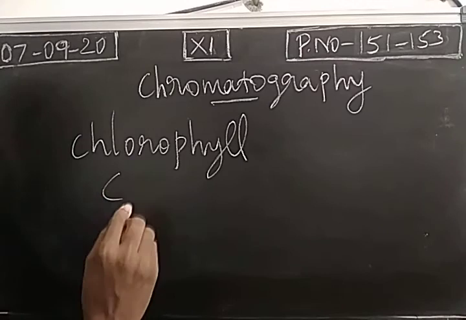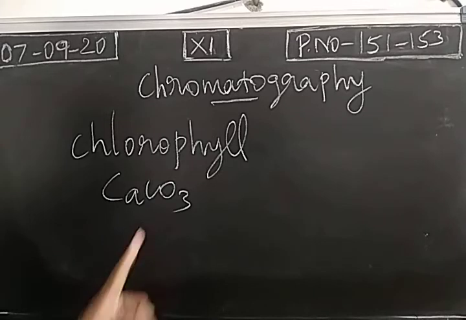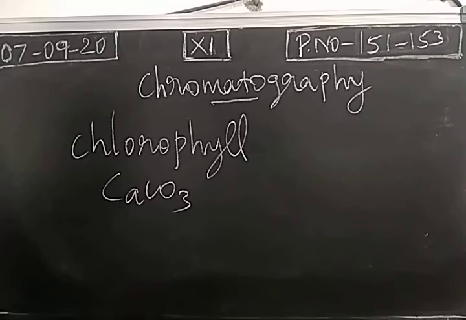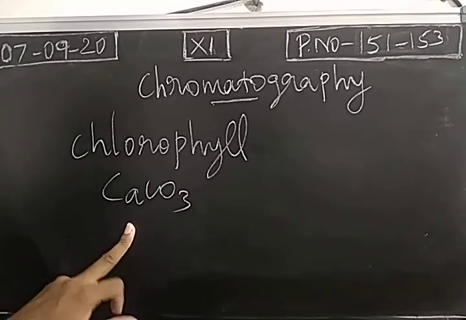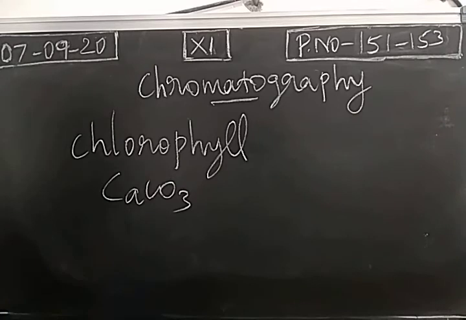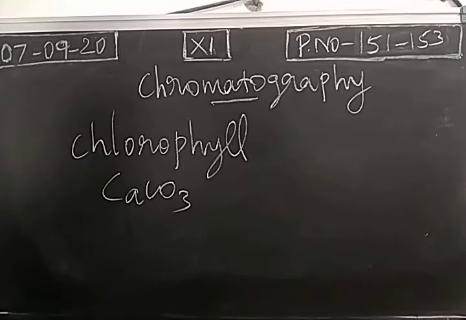When this solution is passed through a substance called calcium carbonate, which acts as the adsorbent, taken in a glass tube, he obtained different bands or zones. So the colored components of chlorophyll were separated by Tswett.